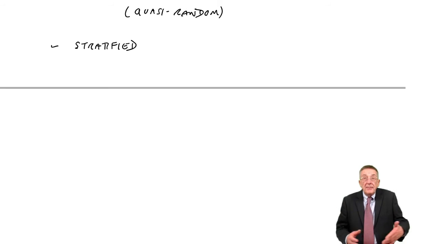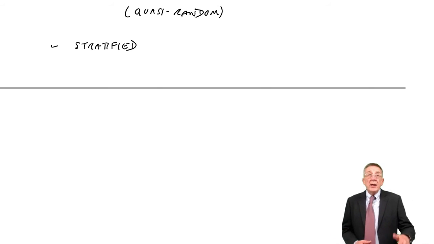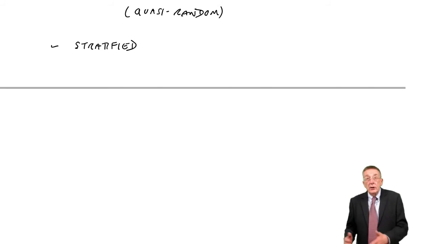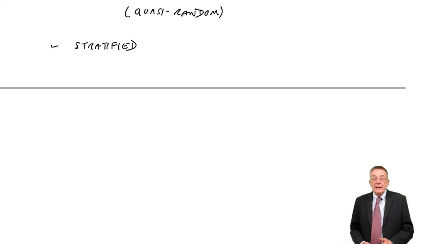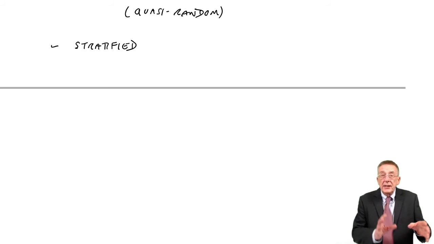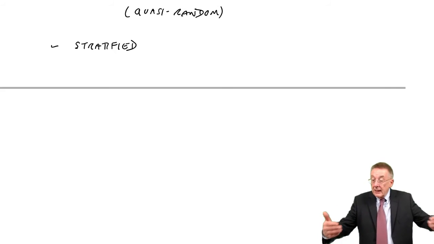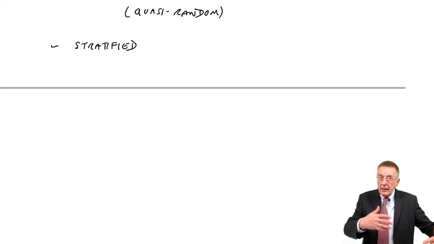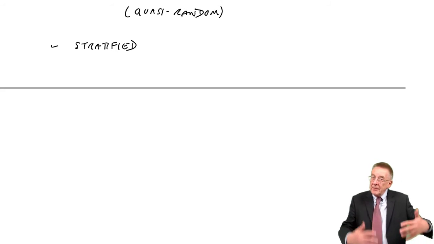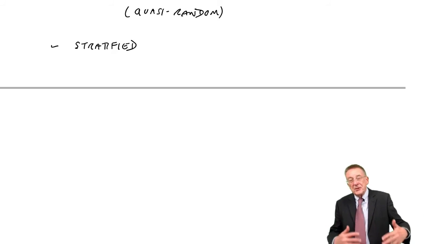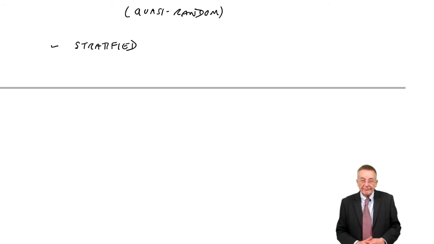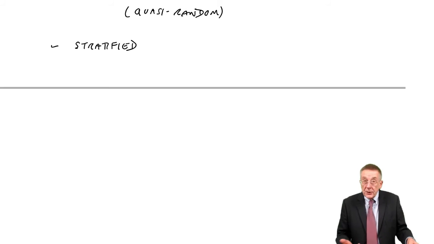Because otherwise, if it was purely at random, we could accidentally end up with 100 men or 100 women. So split the population into groups and then pick a sample where the proportions are the same as they are in the groups. Again, it's quasi-random.